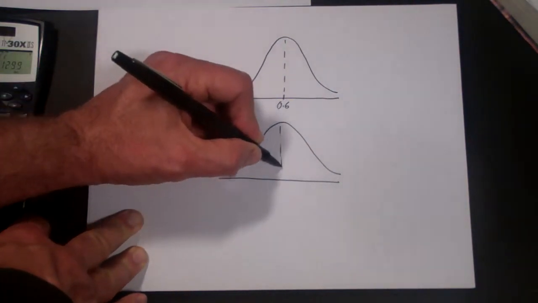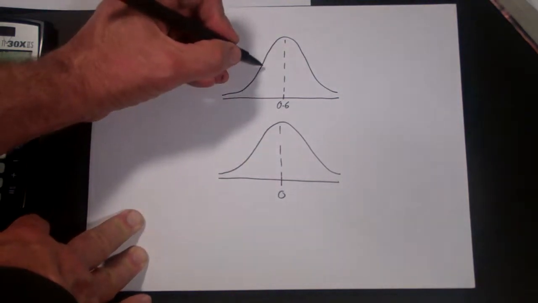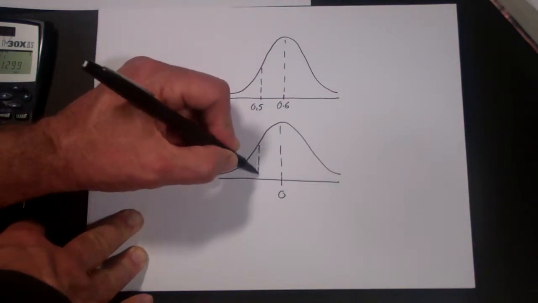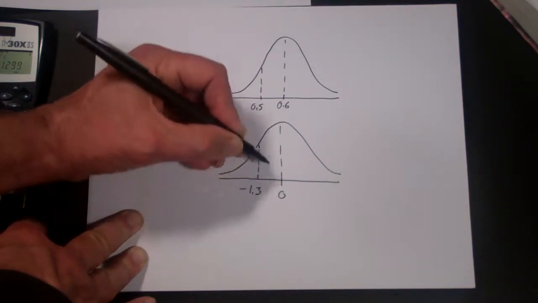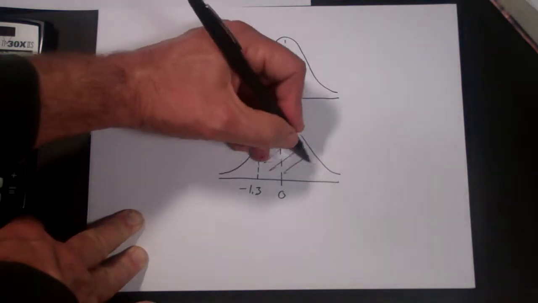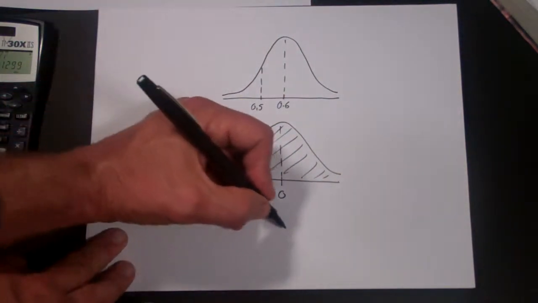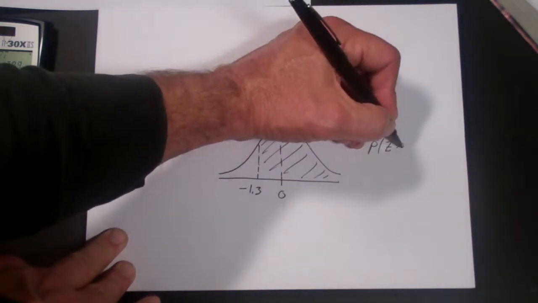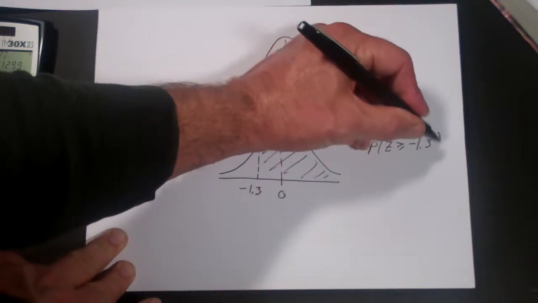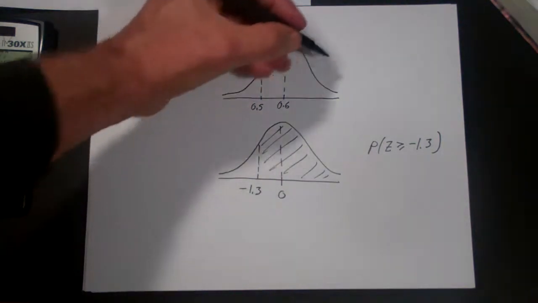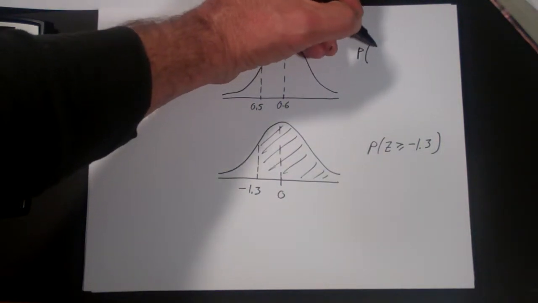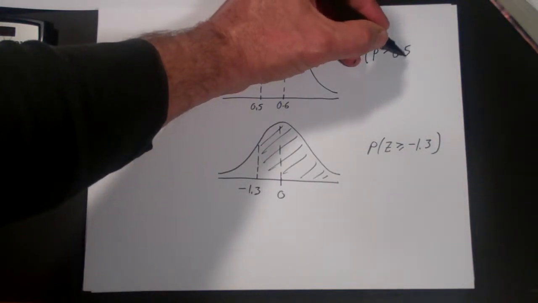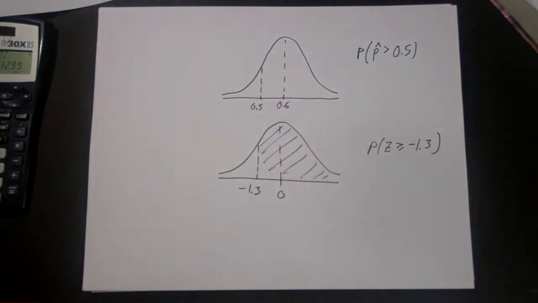When we convert it, the mean is 0. This is 0.5. The z-score is minus 1.3. So your problem boils down to: what is the probability that z is greater than or equal to minus 1.3? And that's equivalent to saying, what's the probability that p hat is greater than 0.5? And now you're essentially done.